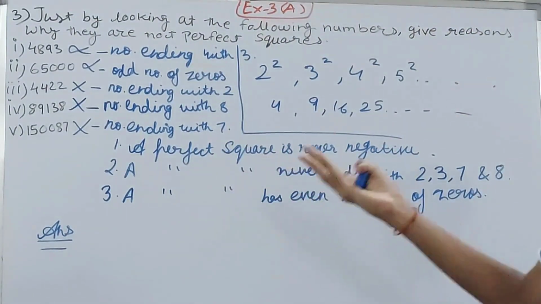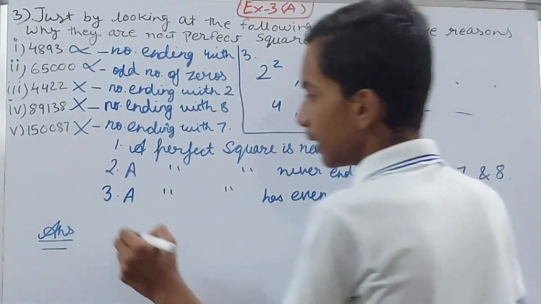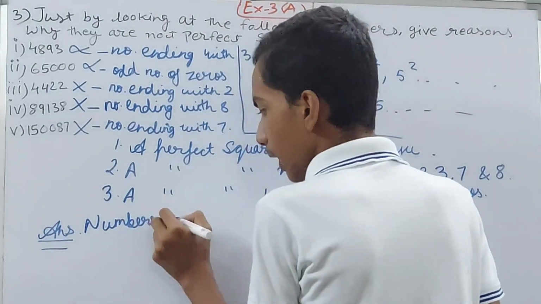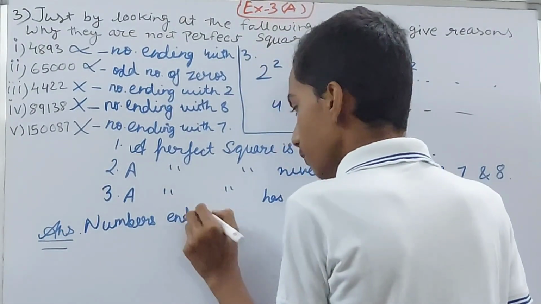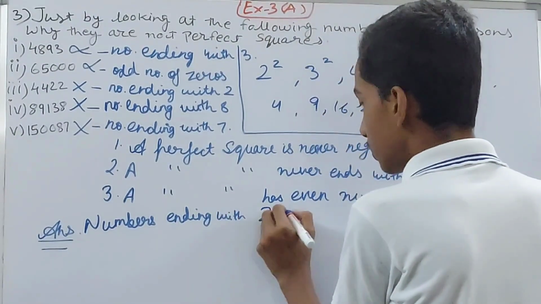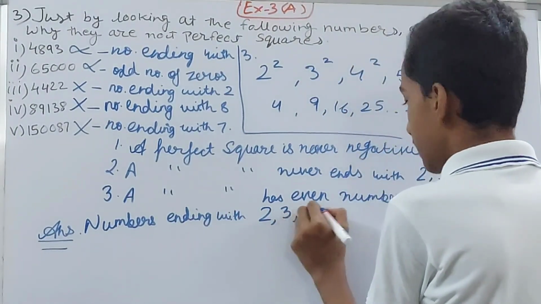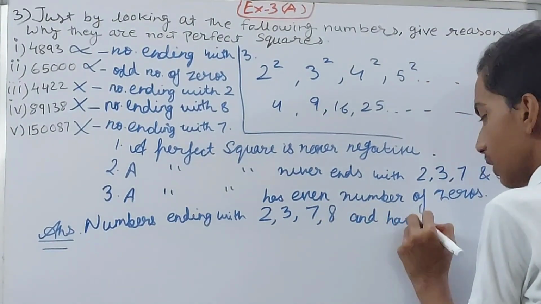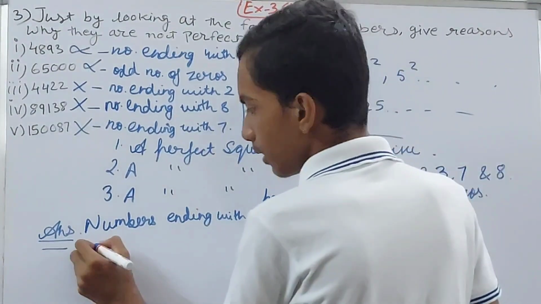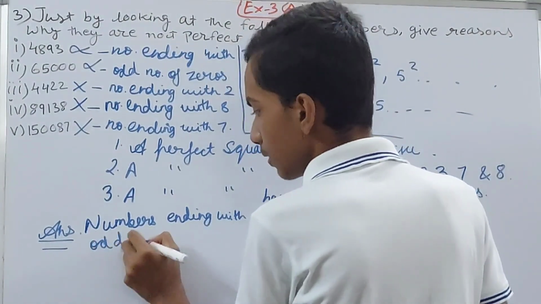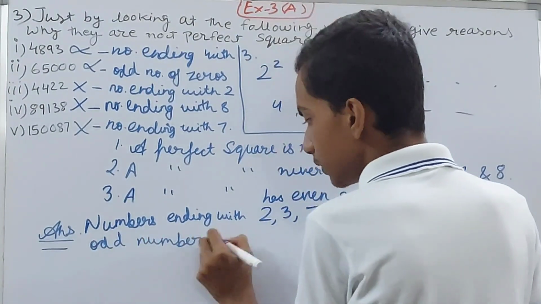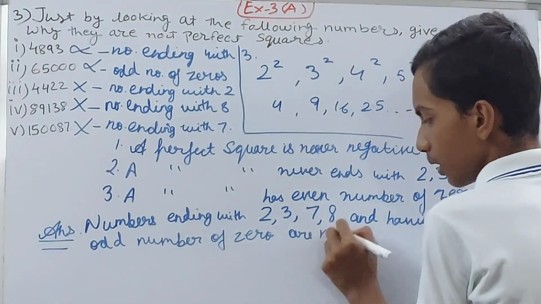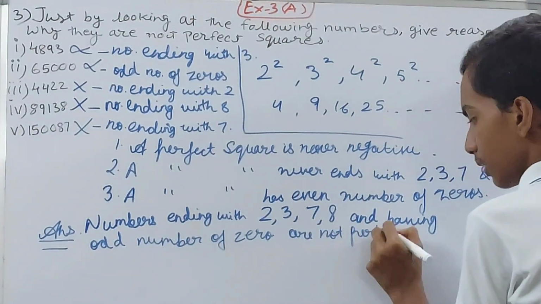So for the answer, it has asked us why they are not perfect squares, so we have to give the reason. The reason we can write is that numbers ending with 2, 3, 7 and 8, and having an odd number of zeros, are not perfect squares.